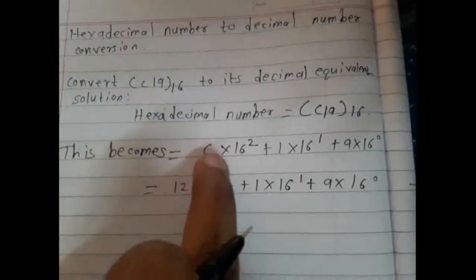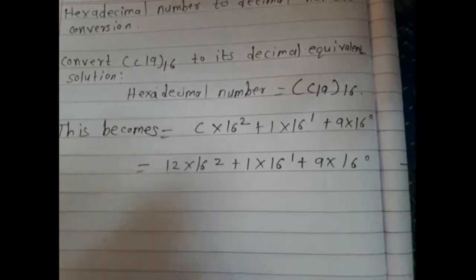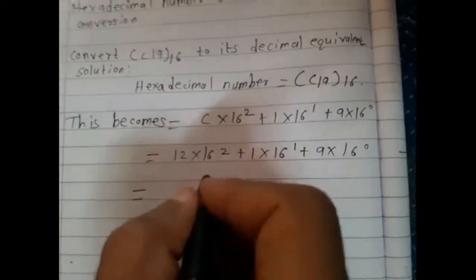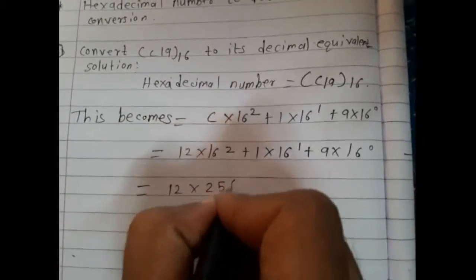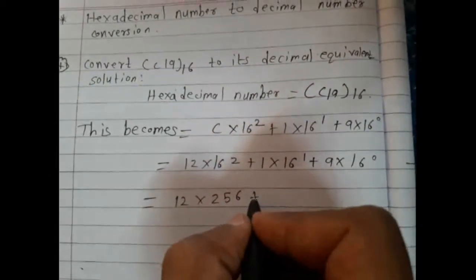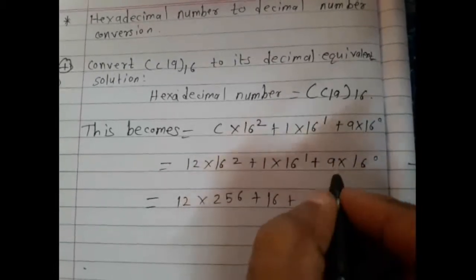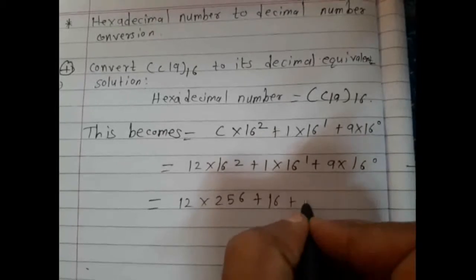This C, what is the value of C? It is 12. Now see here, 16 square is 256, 12 into 256, plus 1 into 16, 16 ones are 16, plus 16 raised to 0 means 1, 9 ones are 9.